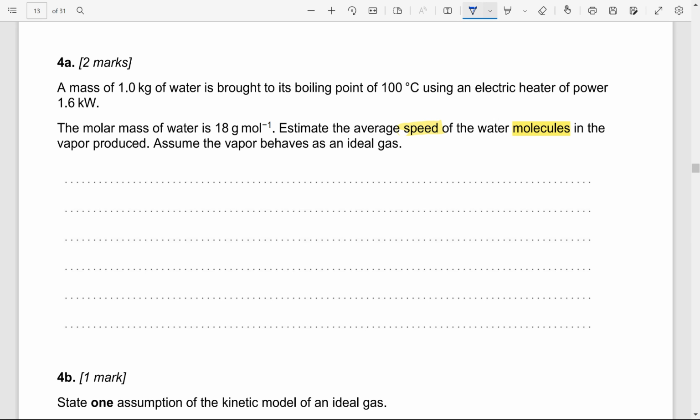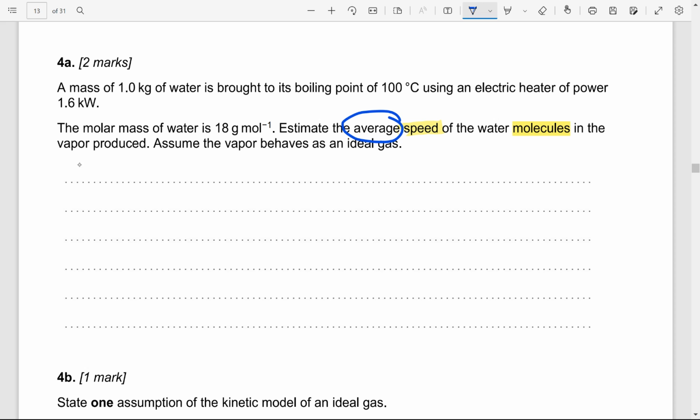So we're actually looking at the speed of the individual particles. Okay, so it's the speed of a particle. And the reason it's average is because the different particles all have a range of speeds that they travel at. So what we do is we take the average and we say that's the average speed of the molecules overall.